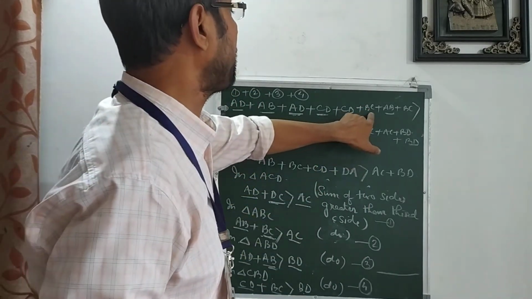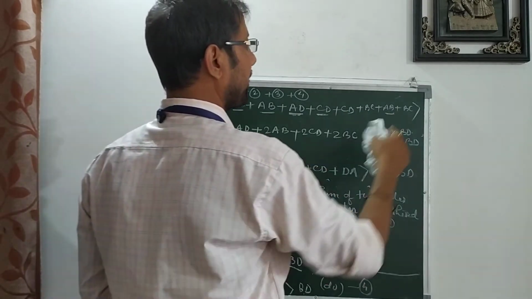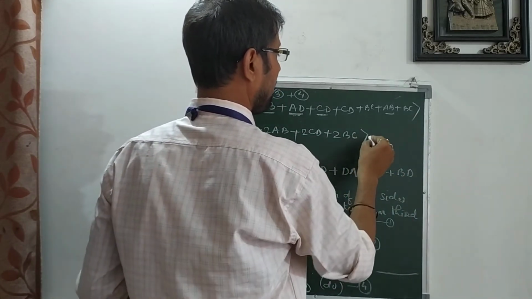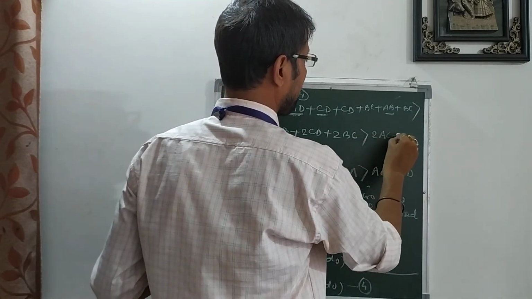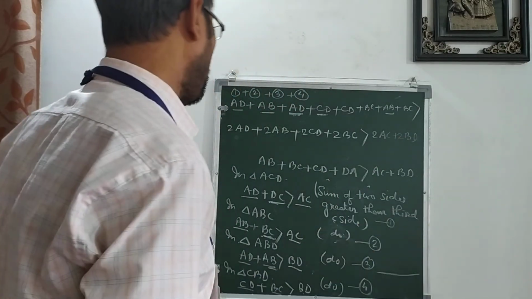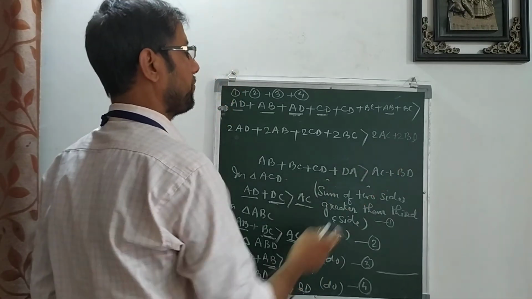Then again BC plus BC, twice BC. Now what will I write? This is greater than symbol, greater than twice AC plus twice BD. In the right hand side also I'll get AC plus AC, twice AC, BD plus BD, twice BD.